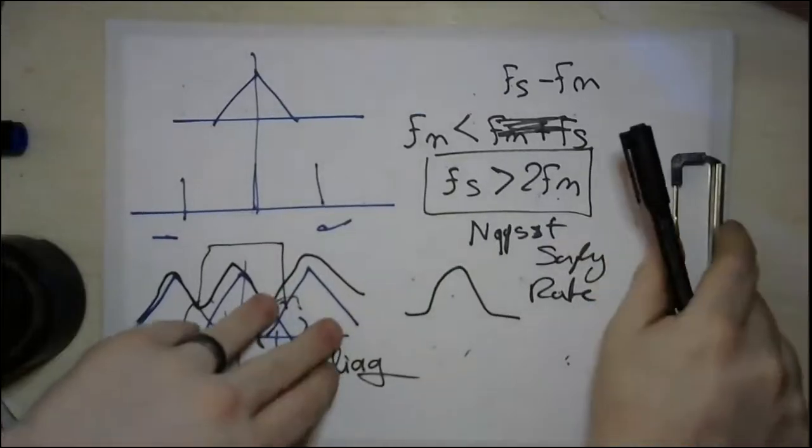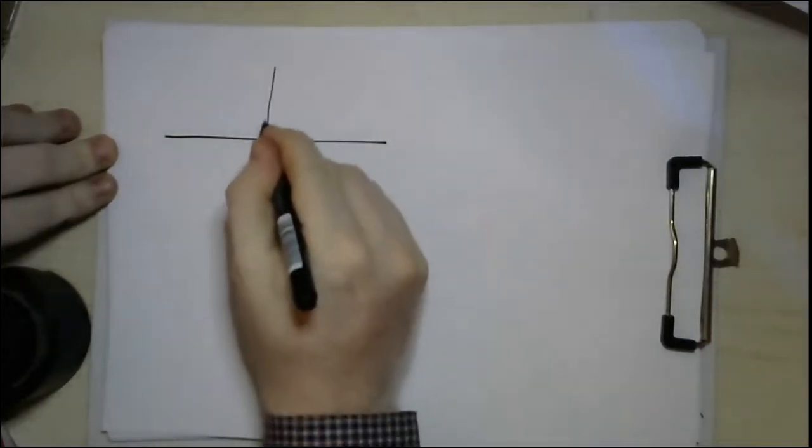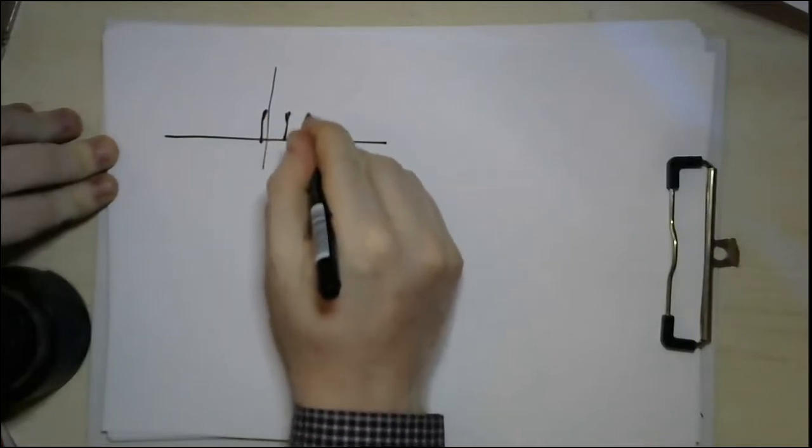So, in the previous example where we dealt with what's called the ideal sample, we used a train of impulses, as you can see.